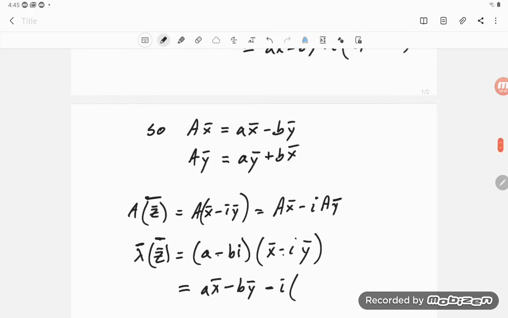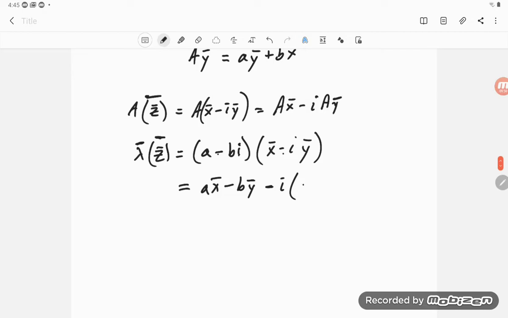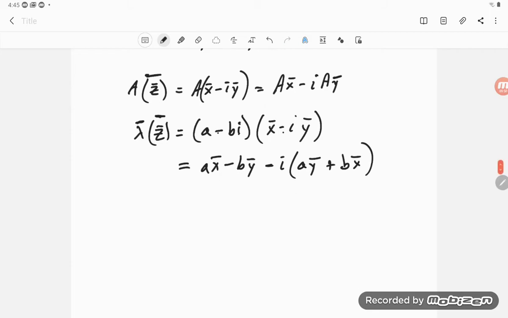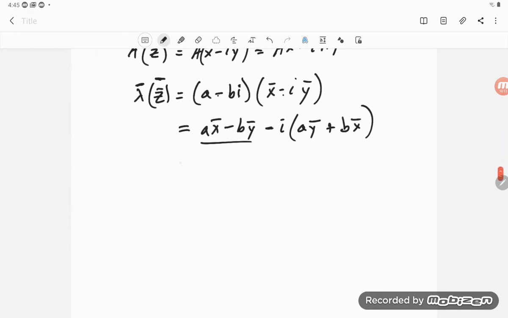What order did I do those in up here? I did the ay and then the bx. So this is ay plus bx. Now I can substitute in Ax, so that's Ax.